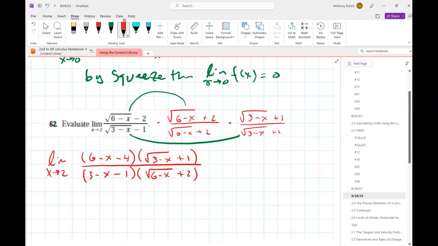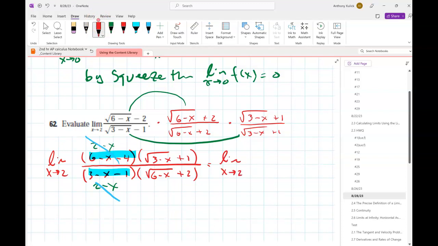So far, so good. If I clean up now these pieces, what am I going to end up with? 2 minus x over 2. Yes! Cancel, cancel. Get rid of those guys.